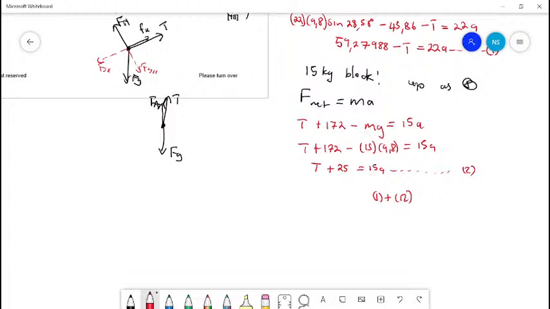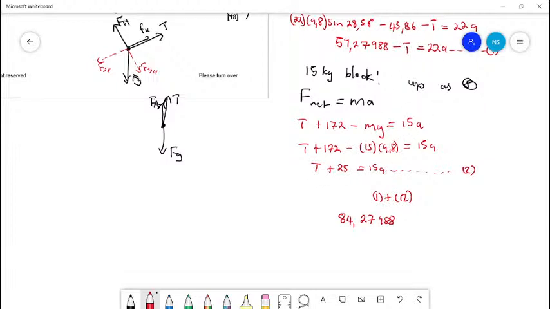So let's try to add equation 1 and equation 2. So it means we're going to add 59.27988. We add it with 25. It will give us 84.27988. And then we add the negative T and the positive T, it will give us a 0. And then we're going to add the 22 and 15.